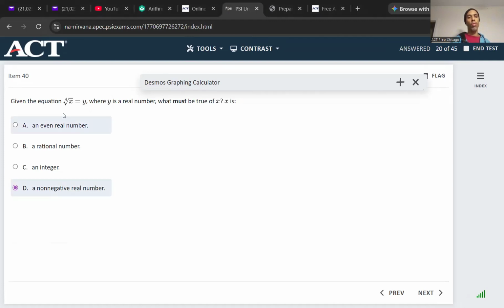Because with that even root, the fourth root, you're not going to be able to do it otherwise. For instance, if you did the fourth root of 16, it would have to be what? Plus or minus 2, right? So it could be positive 2 or negative 2. Because if you do 2 times 2 times 2 times 2, you get 16.